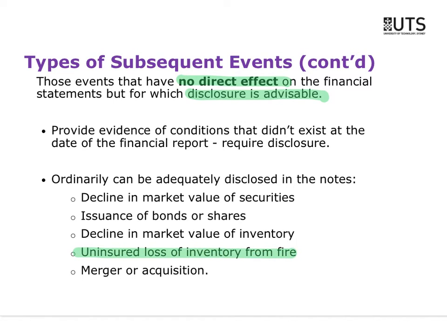you count inventory at the 30th of June, and then on the 15th of August, a fire burns down your entire factory. All right? Or you're in the United States, a company in the United States, and at the 30th of June, there were no issues around property, plant, and equipment or inventory.